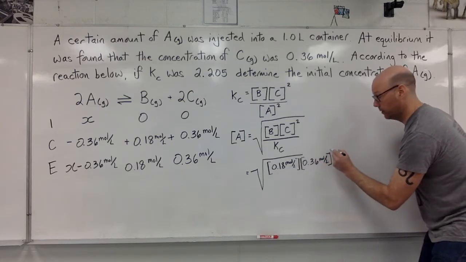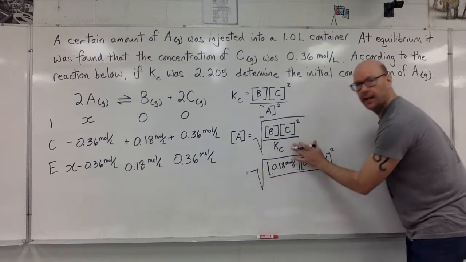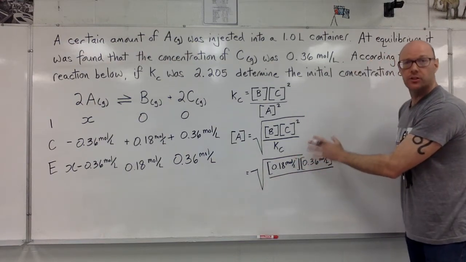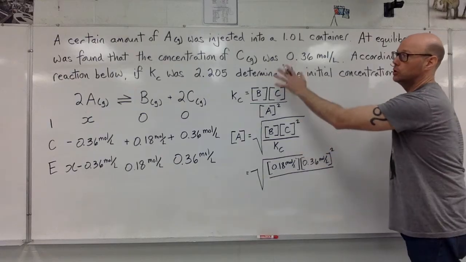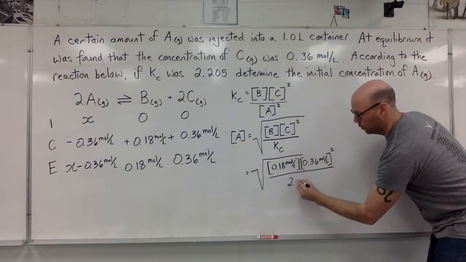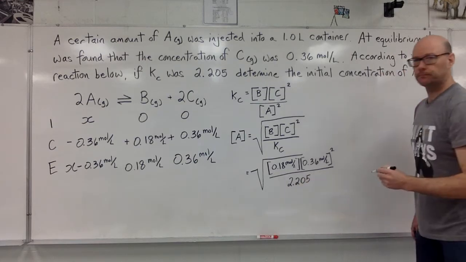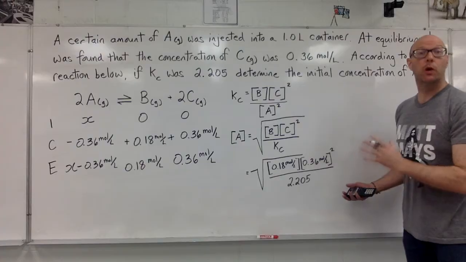That's going to get squared, over Kc, the equilibrium constant, which we can find in the question, 2.205. Remember, that whole thing is going to get square rooted.